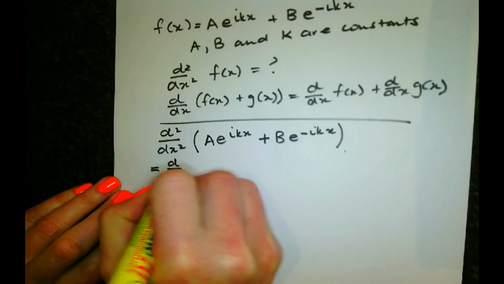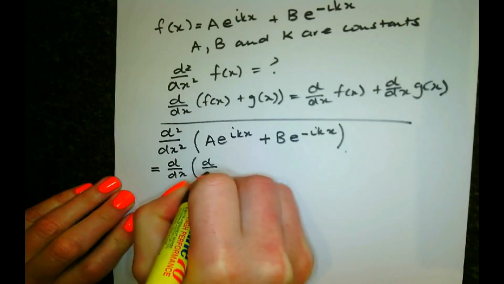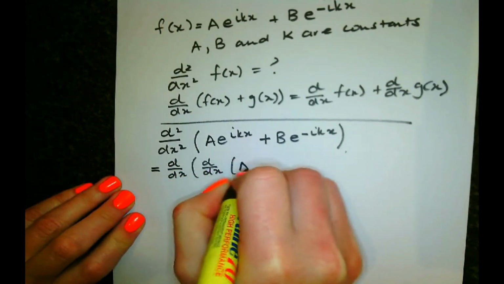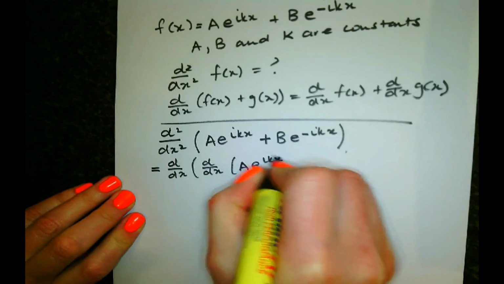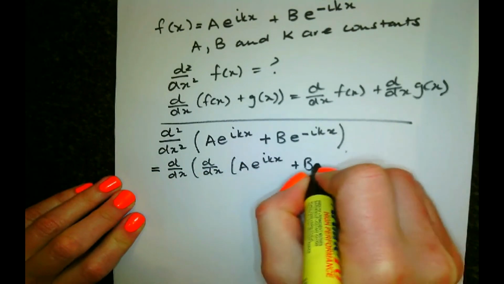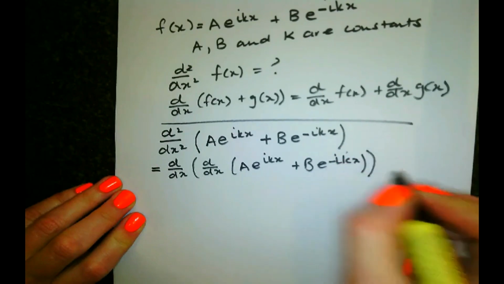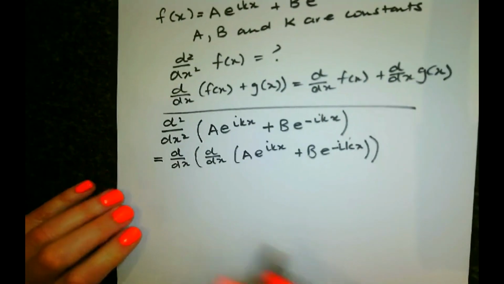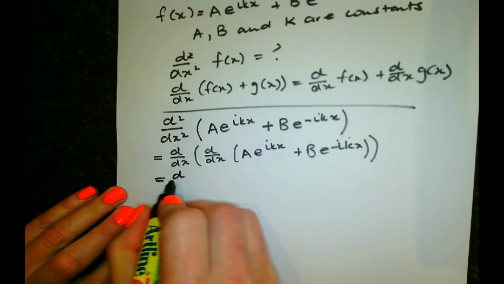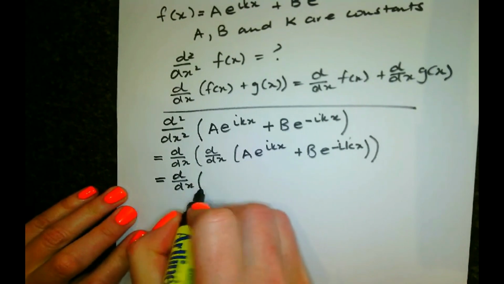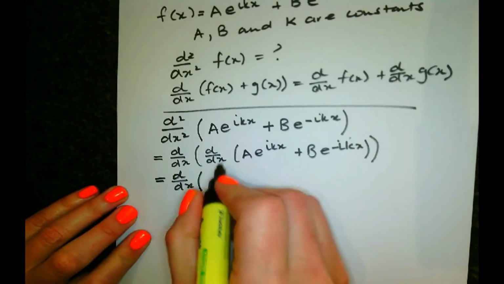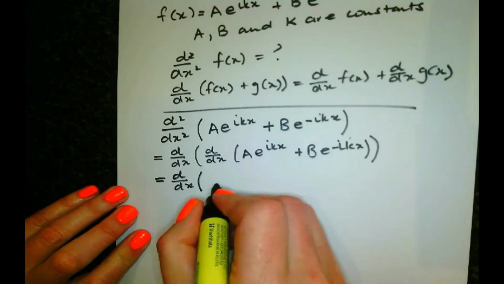So d/dx of a e to the ikx plus b e to the minus ikx. So let's get the first derivative. Now the first derivative is the same as splitting the derivative over both terms.